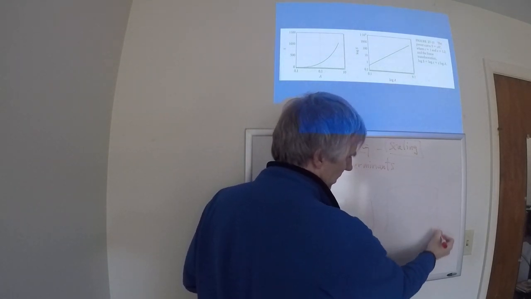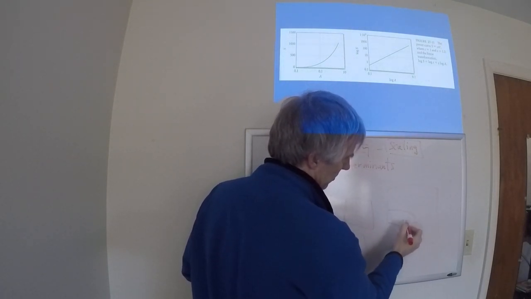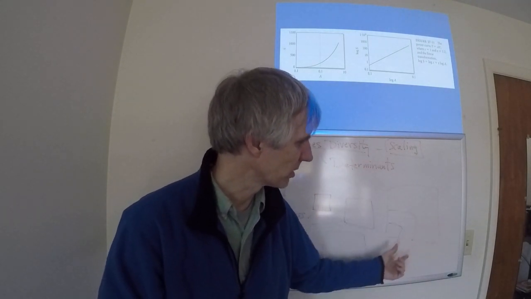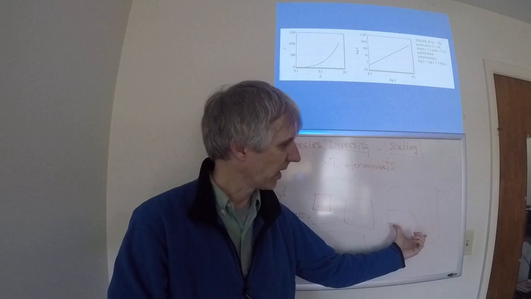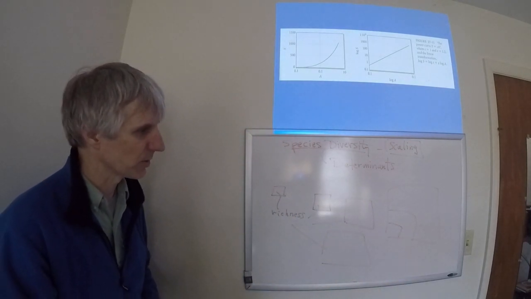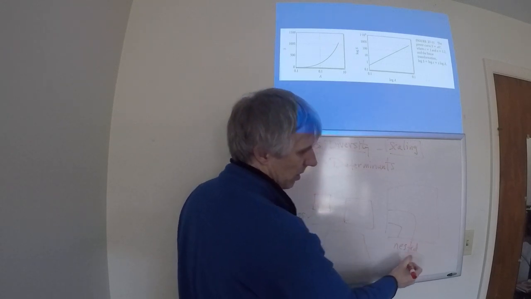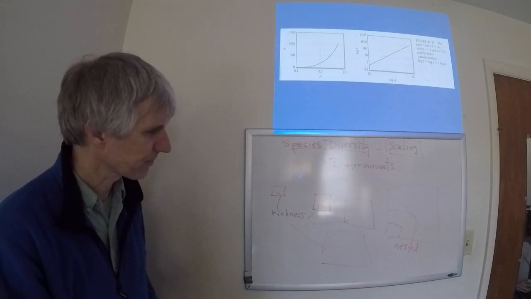One way to do this efficiently is with what's called a nested quadrat, where you have one large quadrat and then you quantify different areas within that larger quadrat. So this is more of what's called a nested design.